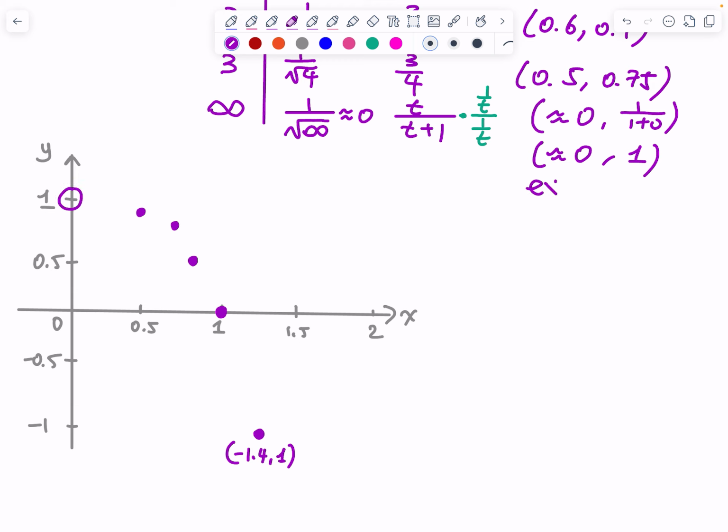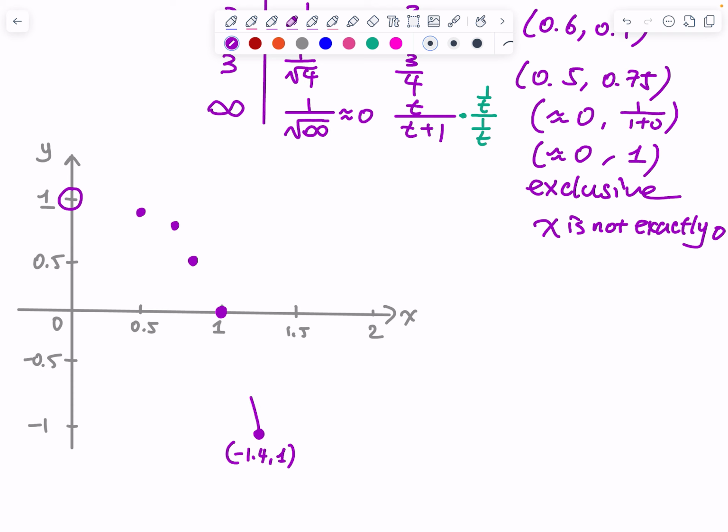This point is exclusive because x is not exactly equal to 0. X is not exactly equal to 0.